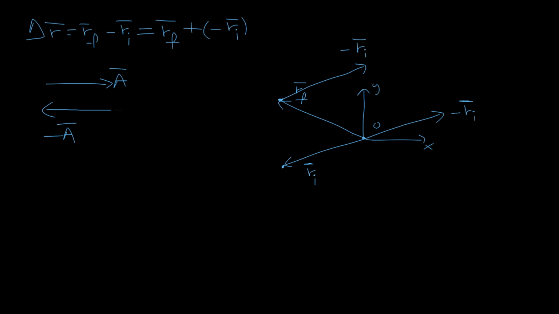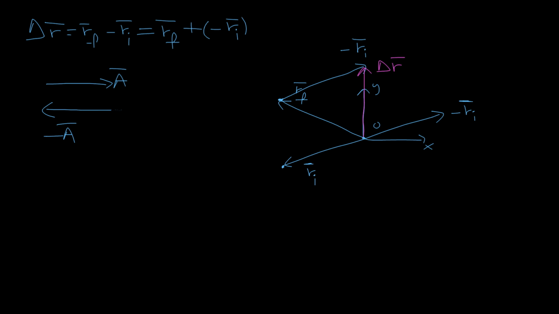Now what I need to do is add R final and minus R initial. So you can see I have R final, I have minus R initial, and I'm adding them together. And when I add them, starting from here, R final plus the minus R initial, I will use a different color this time, I get the vector delta R. This is the displacement vector. So by adding R final and minus R initial, I get the displacement vector.